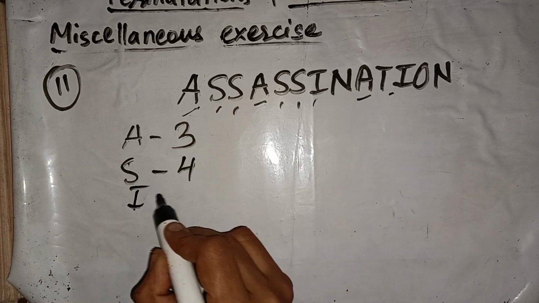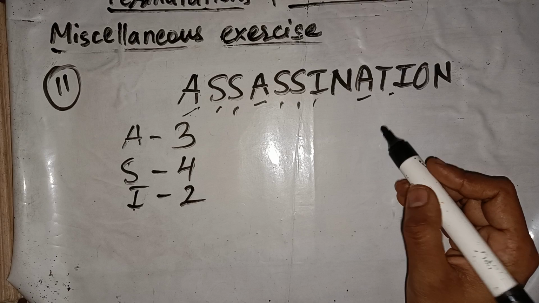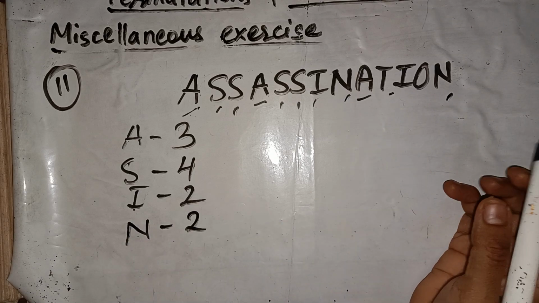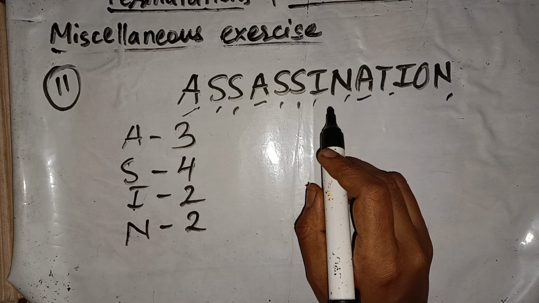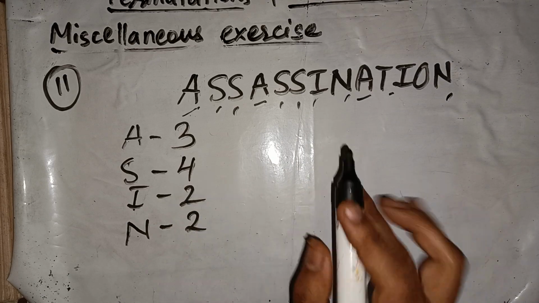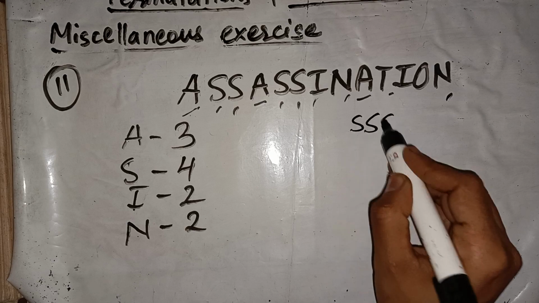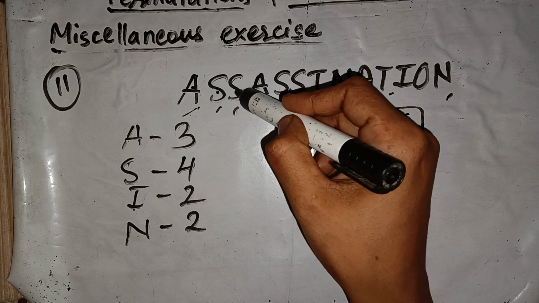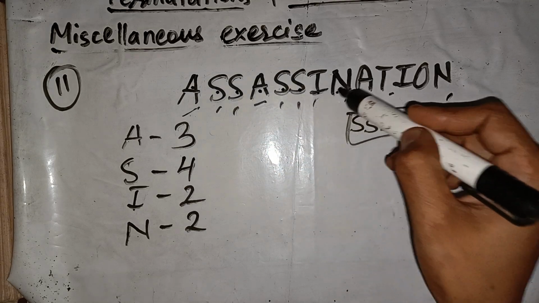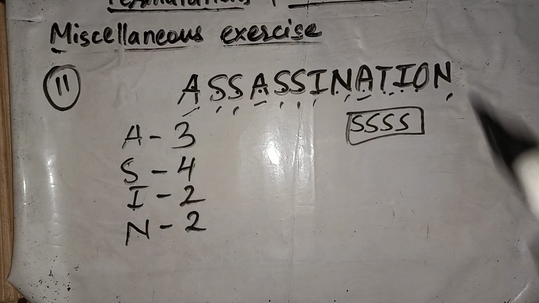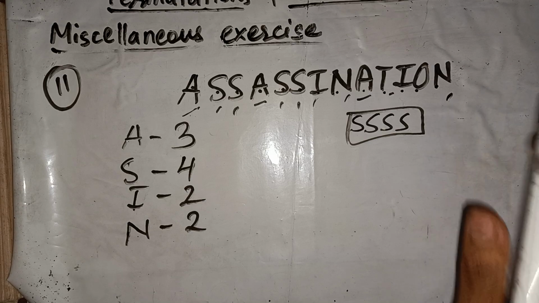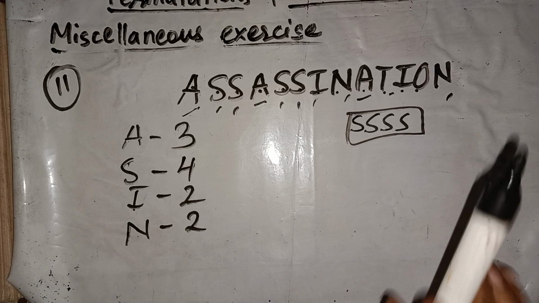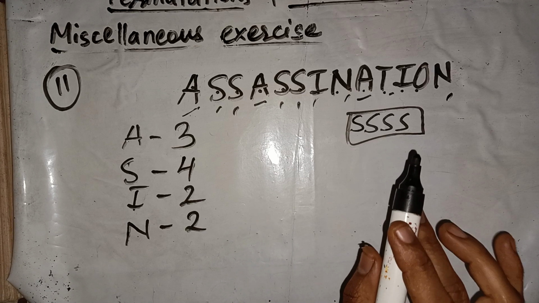Then I, N. So all S are together. S are 4, so 4 S are together. How many letters are there? 1, 2, 3, 4, 5, 6, 7, 8, 9, 10, 11, 12, 13. 13 letters are there, out of which all S are together. So 13 minus 4, 9 letters are remaining.